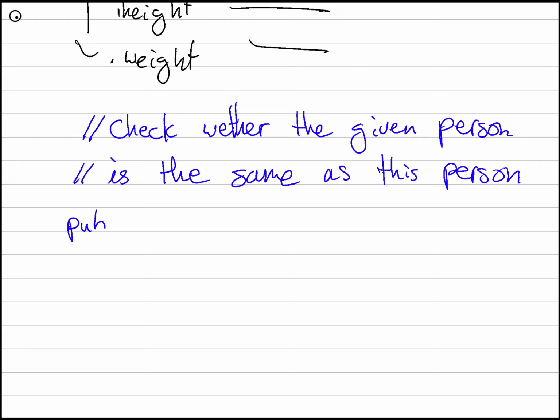So we would do public Boolean. Let's name our method equals. What's our input? There should be a class that we have used before. Which class? The person class, we want to compare the persons.